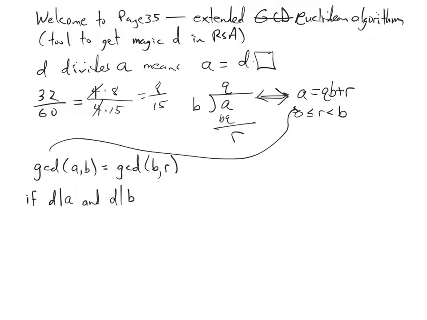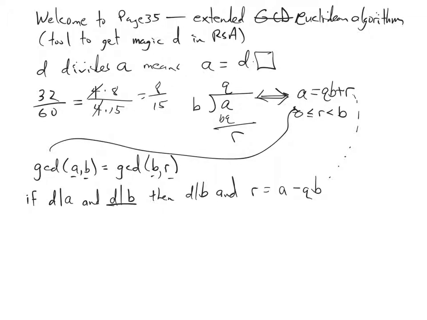Well, we want to prove that if D divides A and B, then D divides B and R. So it's obvious that D divides B because D divides B, right? We assumed it. Okay, and the exciting part is to prove that this divisor of both A and B has to divide R. And to prove that, we just write R is equal to A minus QB from this fact up here.